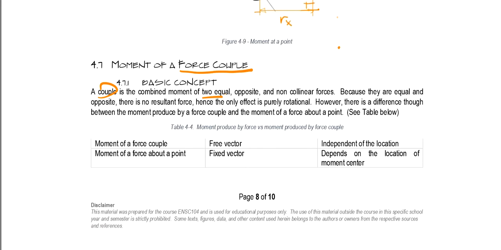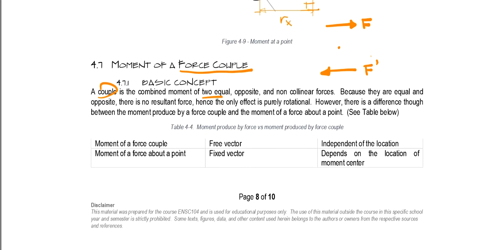Like for example, we have here a force F, and we also have here a force F. Say this is F prime.